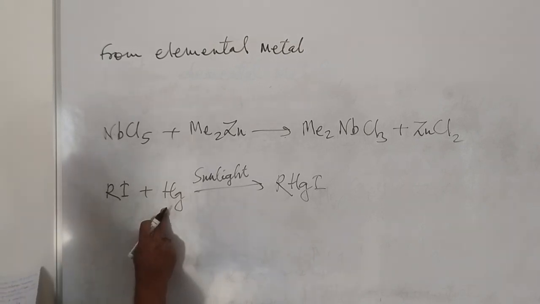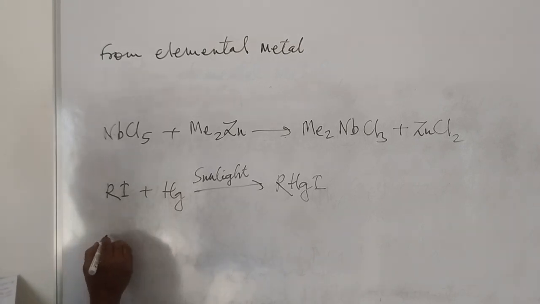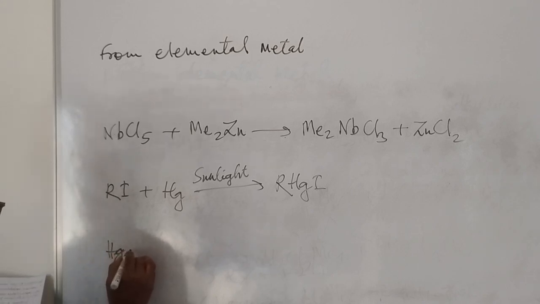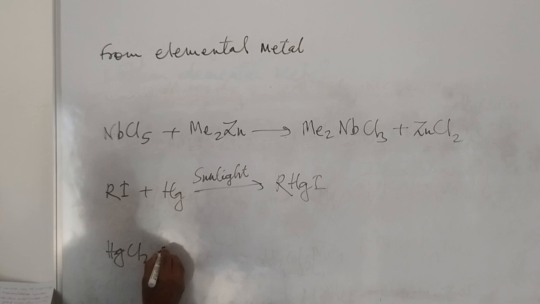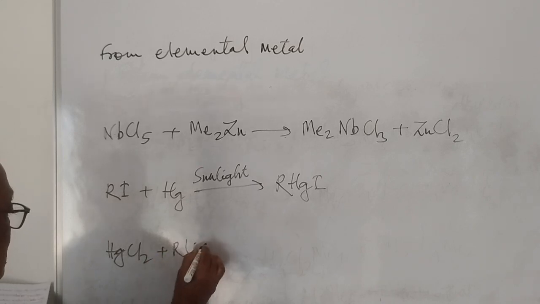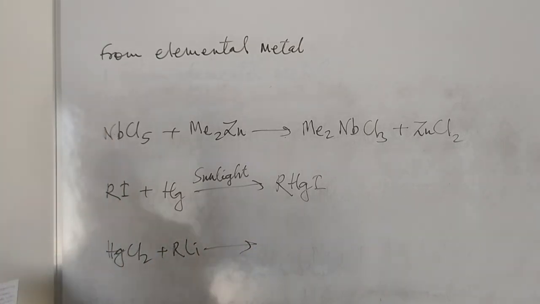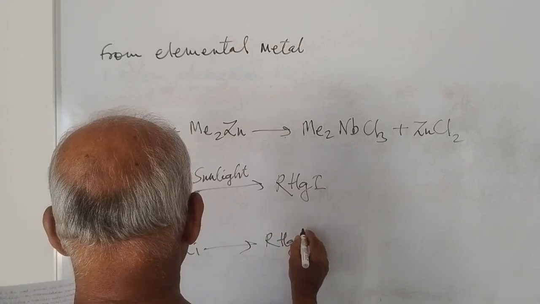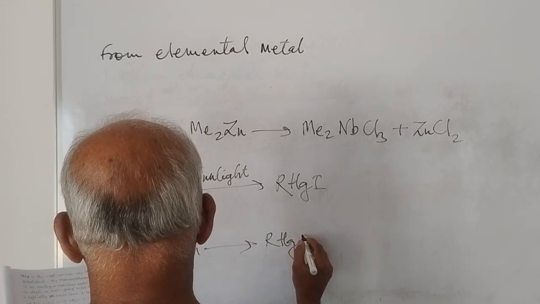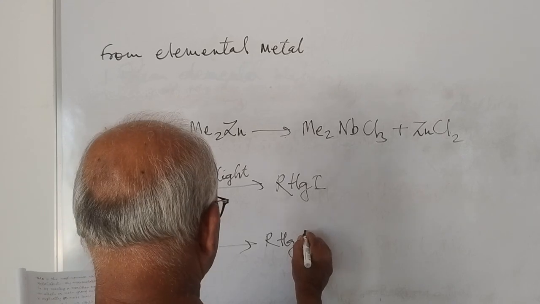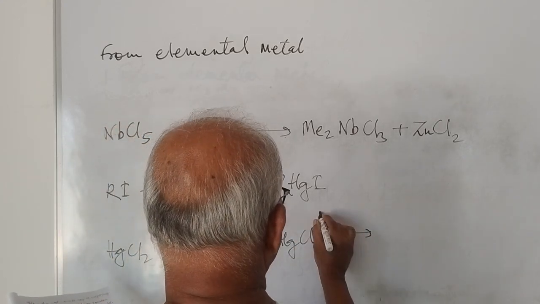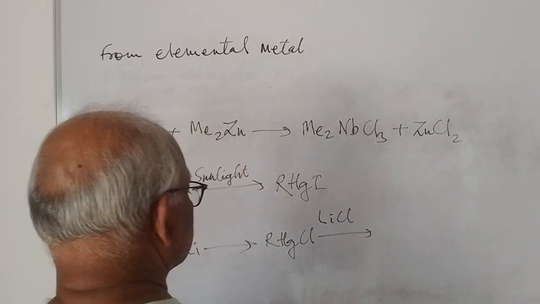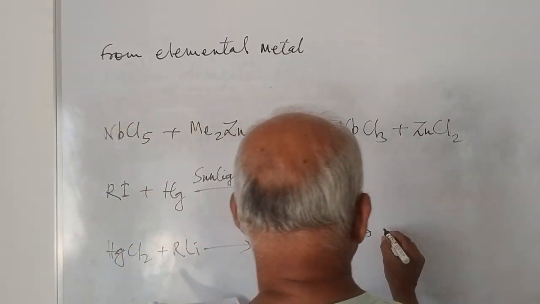We can also prepare this with Hg in the chloride form, HgCl2 plus RLi. So it gives RHgCl. So after again reaction with RLi, it gives R2Hg.